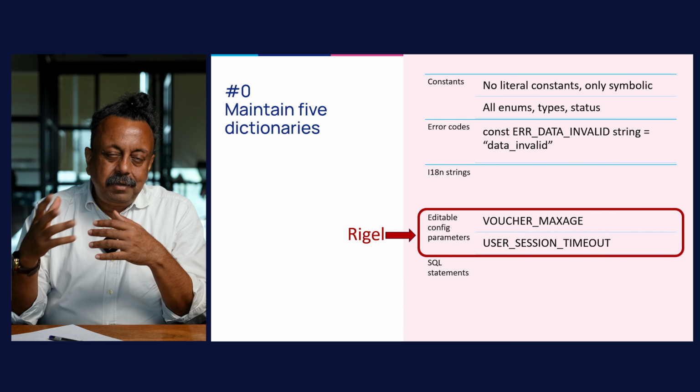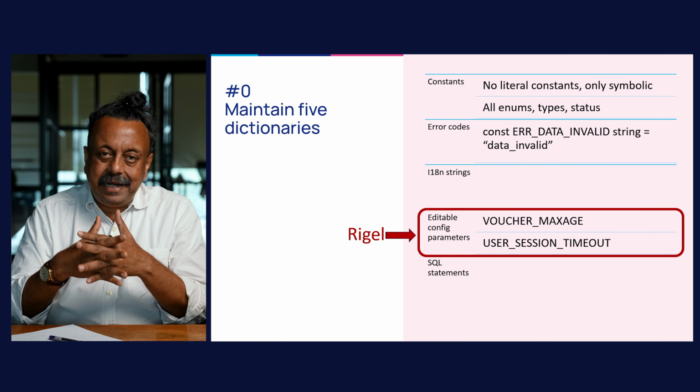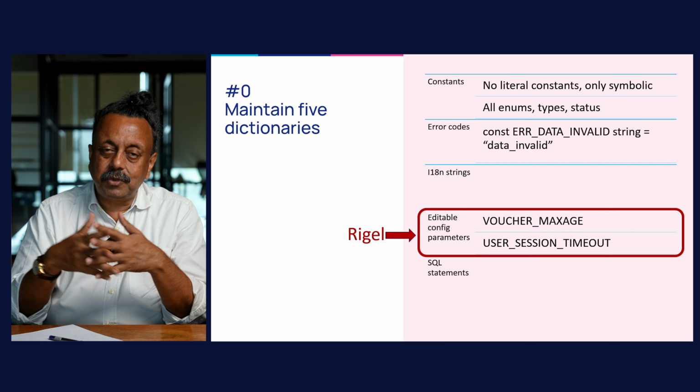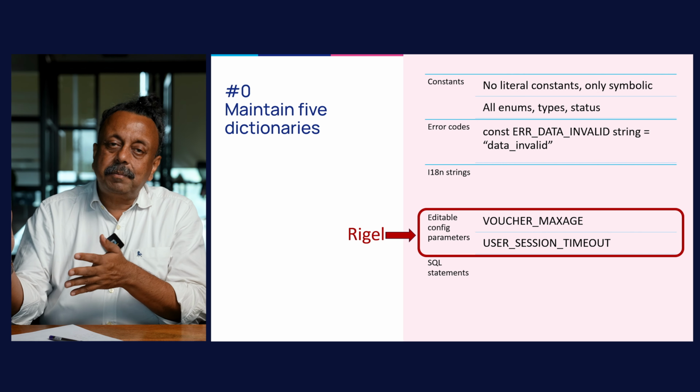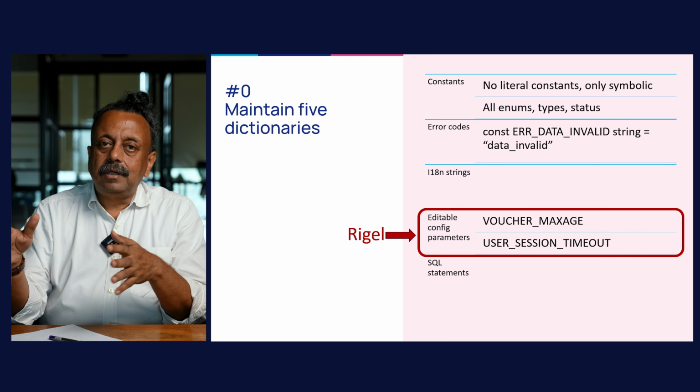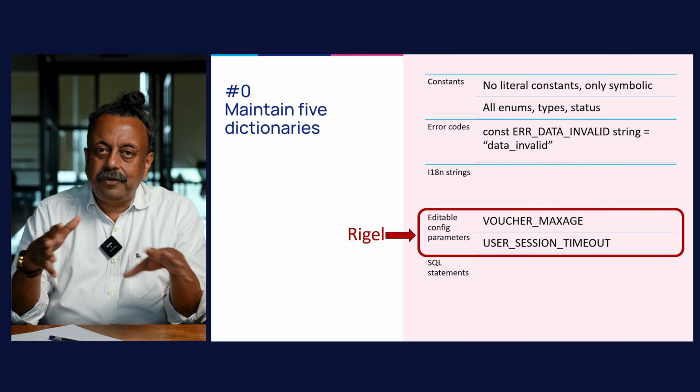Interestingly, the editable configuration parameters are made editable in most of our projects by using a separate product. One of the products that we have called Rigel. Rigel is an open source product. You are welcome to use it for all your projects, but it is basically a repository of editable configuration parameters which are maintained in a separate store, separate from the main database where the application keeps its data.